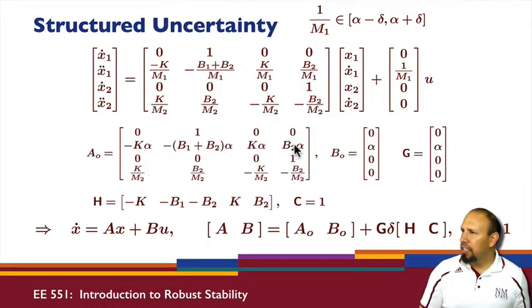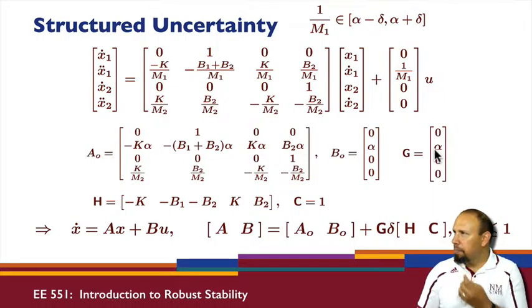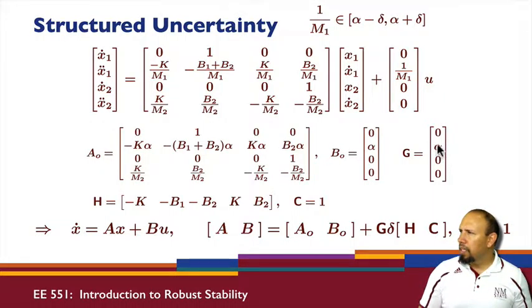So each of these terms has uncertainty. That's why the G is this way, because that actually should be a 1. And then this vector is actually all of this. It's times A, but here it's also times delta. And so we have that.